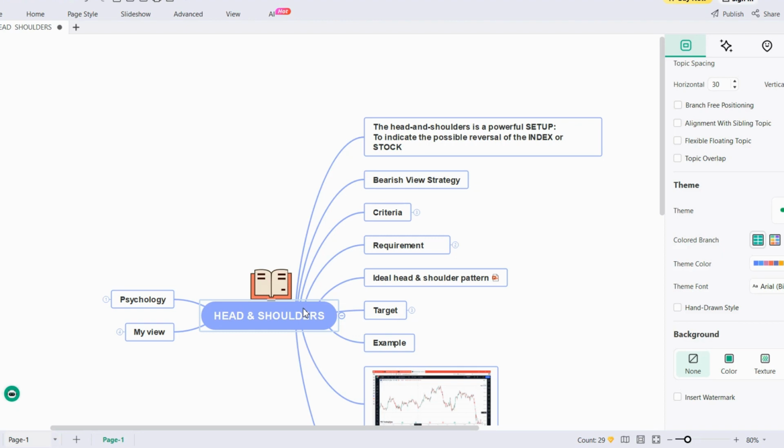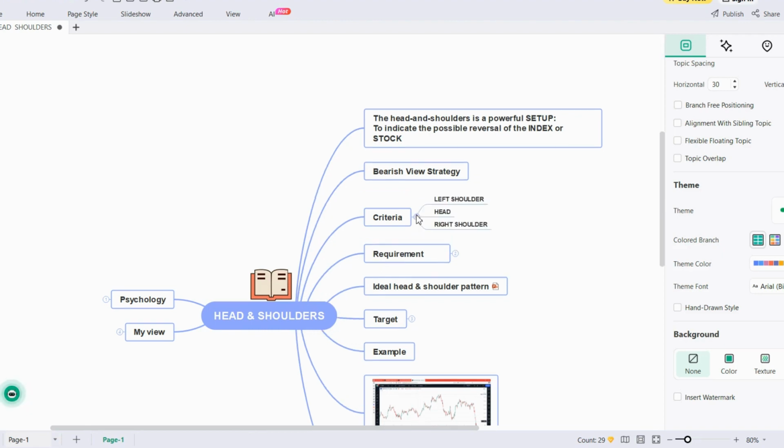Okay. Now what is the criteria to have the head and shoulders pattern? Let's get into the criteria here. The criteria here is the left shoulder, head and the right shoulder. As we are having the head, for example, we are having the head, the left shoulder and the right shoulder.